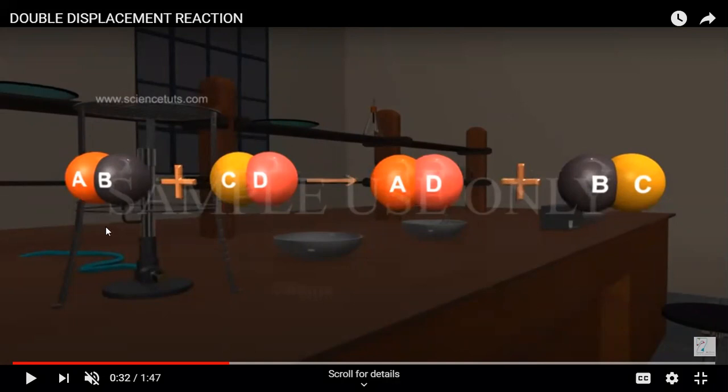That is why A and C are cations, whereas B and D are anions. Now, I hope you know that a positive ion will attract a negative ion. So since C is positively charged and B is negatively charged, BC will be a compound, that is the product you can see, and A is positively charged and D is negatively charged, so AD will be a particular compound.